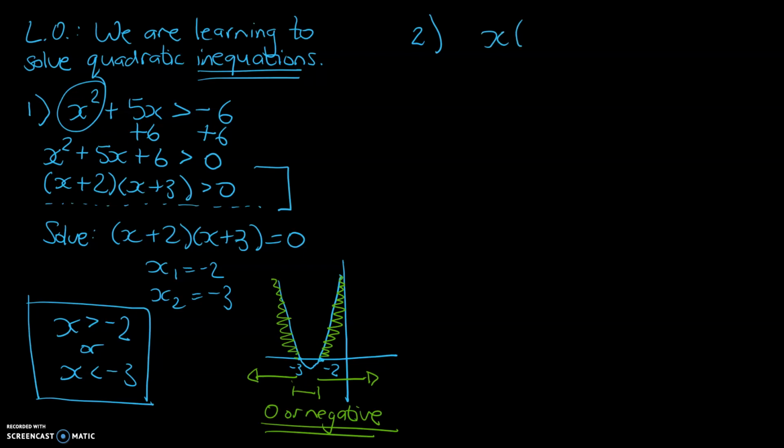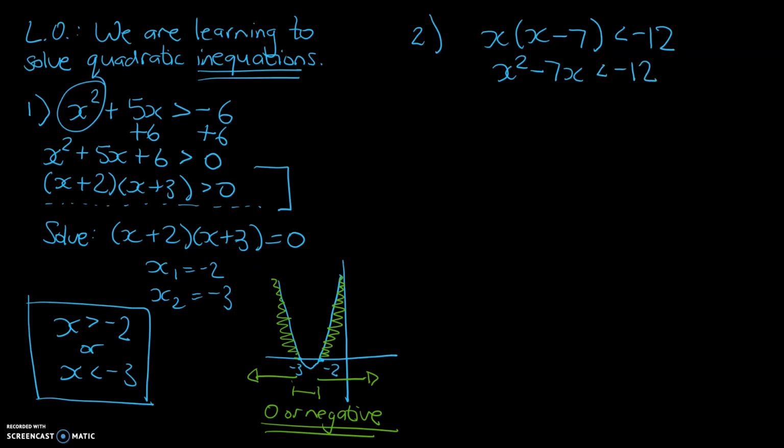So we've got x, and then in brackets, x minus 7. When is that less than negative 12? So like we did with the first example, we need to rearrange and make one side of our inequation 0, so we can then use our solving quadratics approach to answering this question. So we're going to go x times x is x squared minus 7x.